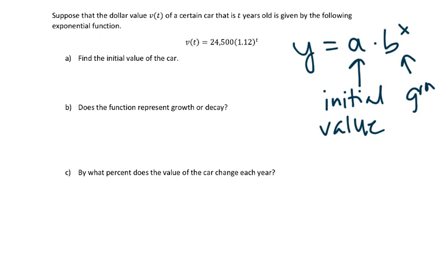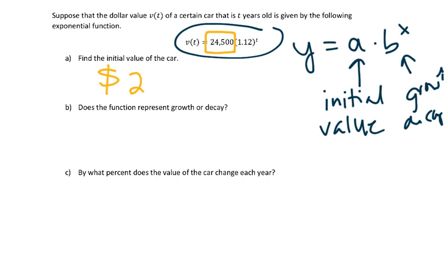So, growth or decay. Alright, so if we're looking at this equation right here, we can see that this 24,500 is my A value, that's my initial value of the car, so that means the value of the car when it first was bought is 24,500.